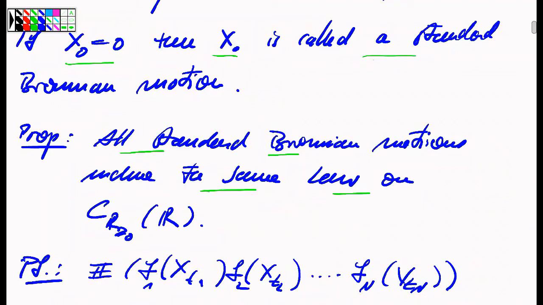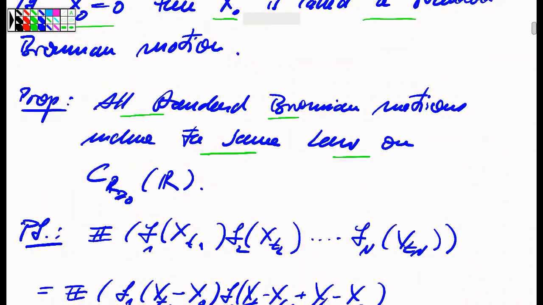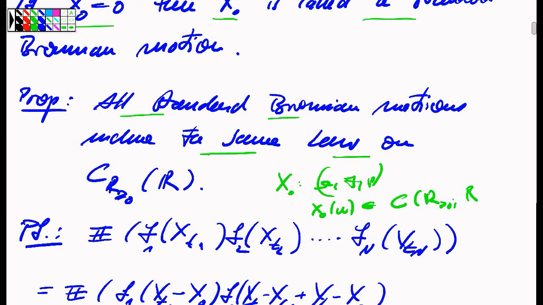So, in other words, if we have any Brownian motion, X, which is defined on a probability space omega, F, P, then we can consider this as a map which maps each omega into the corresponding element of continuous functions from the non-negative real line into the state space R.